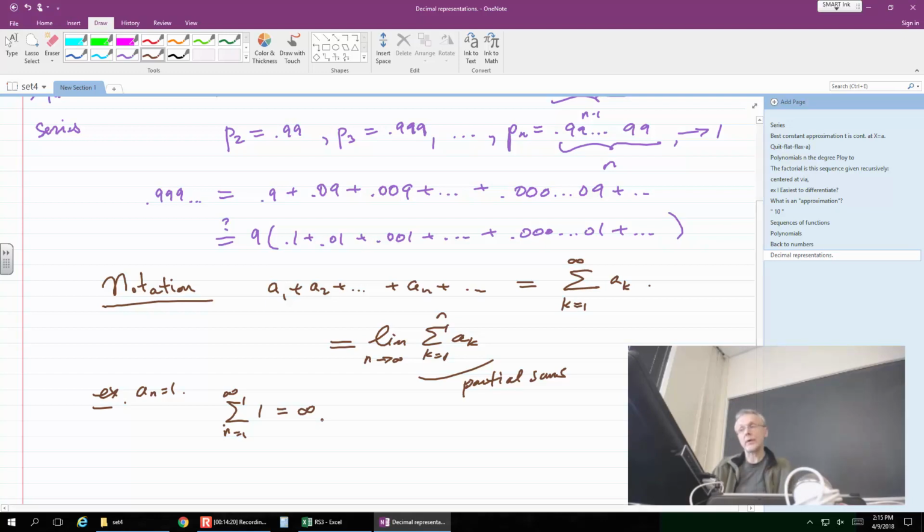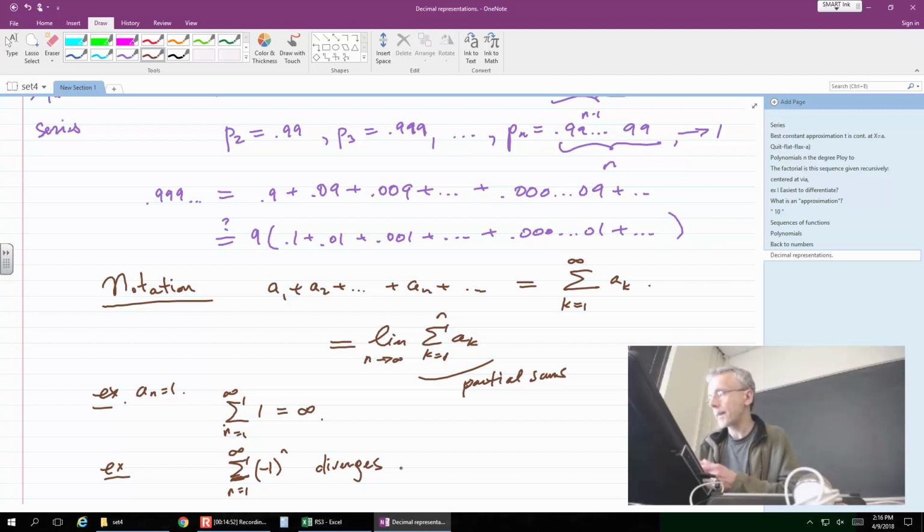This one goes to infinity, but the one that we looked at last week, the summation of (-1)^n, goes up and down, and we simply say that this one diverges. So the language is the same as for sequences, which adds to the confusion. But if the word series is present, then you should know that it's not a sequence, and there is more to it.